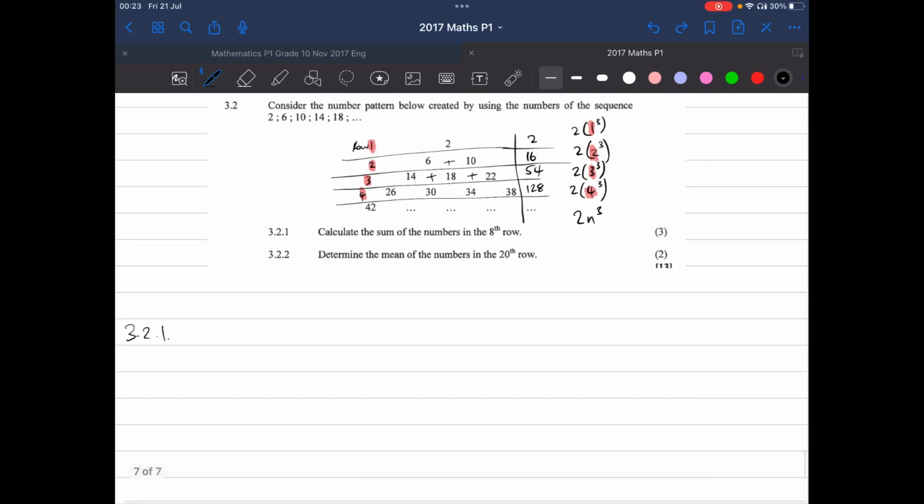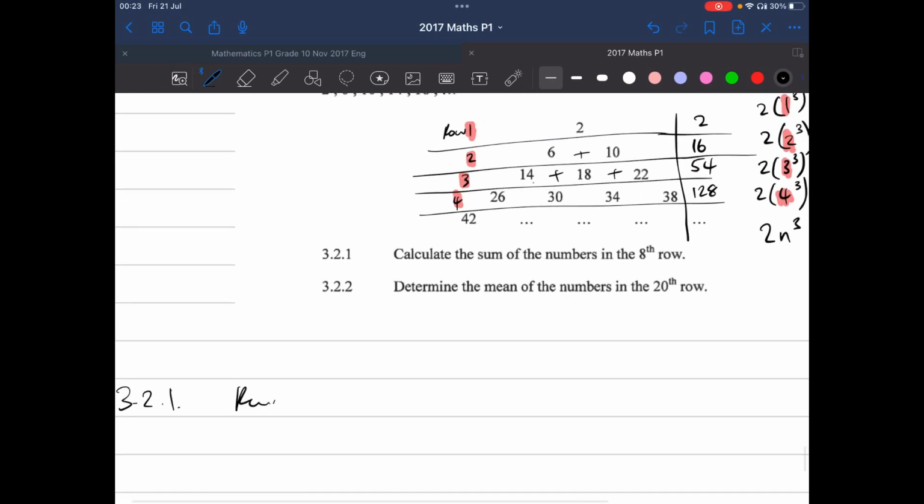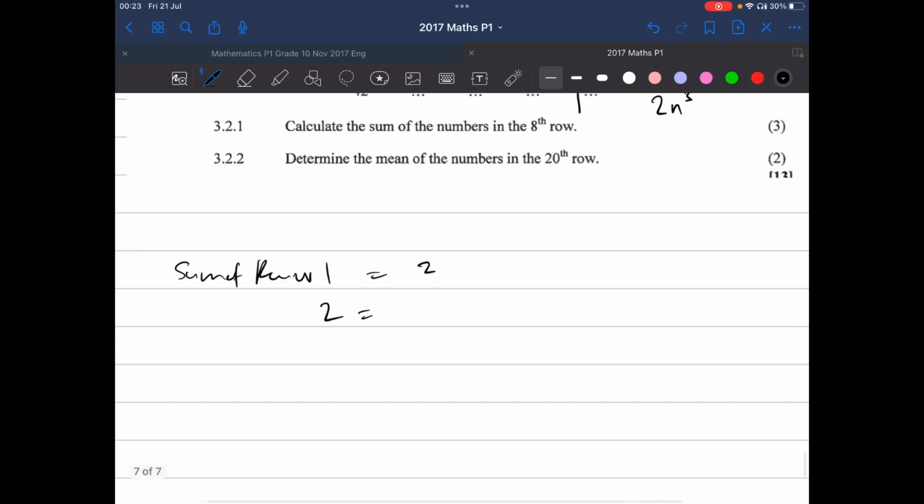So you can show that there now. You could say the sum of row 1 equals 2, sum of row 2 equals 16, and so forth.